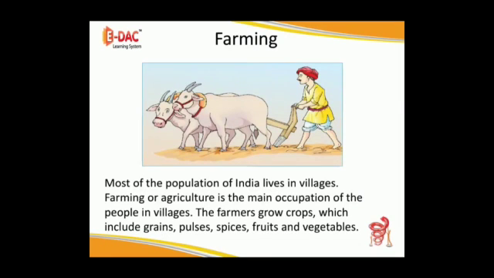Farming. Most of the population of India lives in villages. Farming and agriculture is the main occupation of the people in villages. The farmers grow crops which include grains, pulses, spices, fruits, and vegetables.